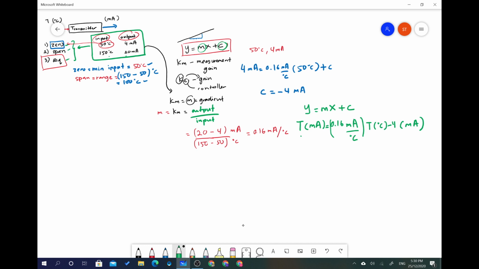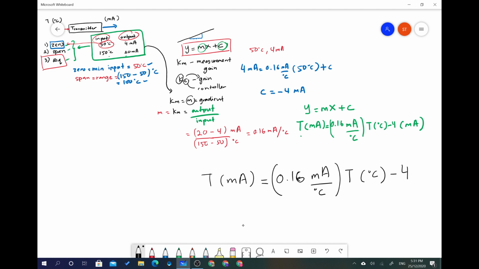I can write it properly. The equation is the output in milliampere equals 0.16 milliampere per degree C, should put brackets here, temperature in degree C, minus 4.